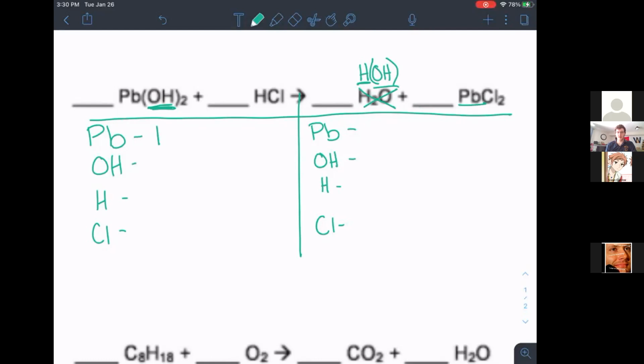Just one, right? Yep. How many hydroxide do we have on the reactant side? Two, perfect. All right, and then how many hydrogen are on the reactant side?